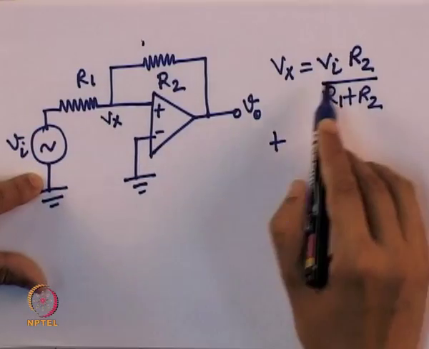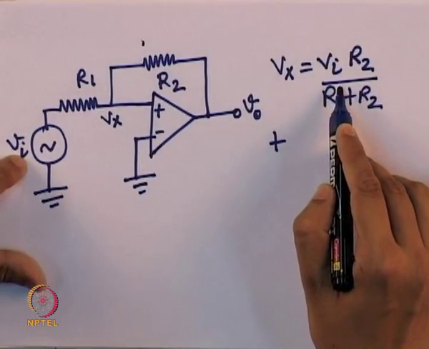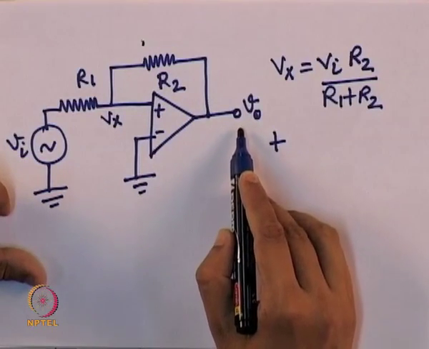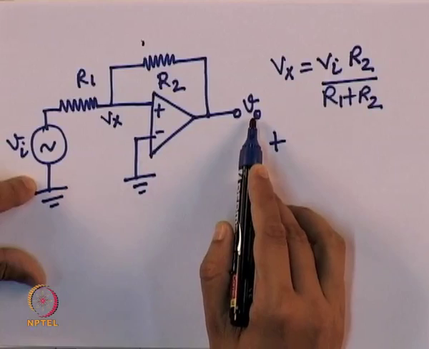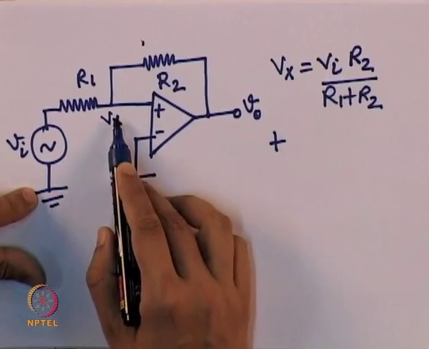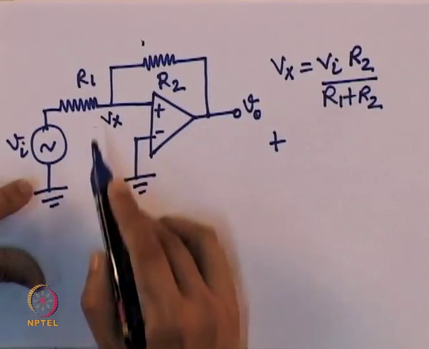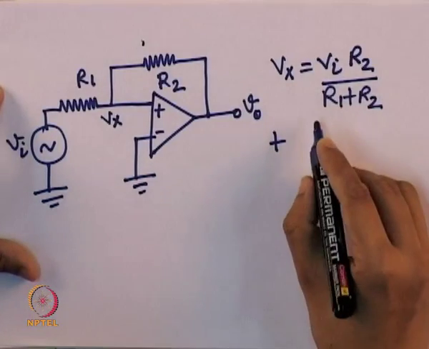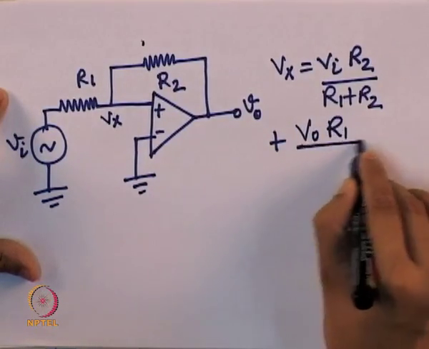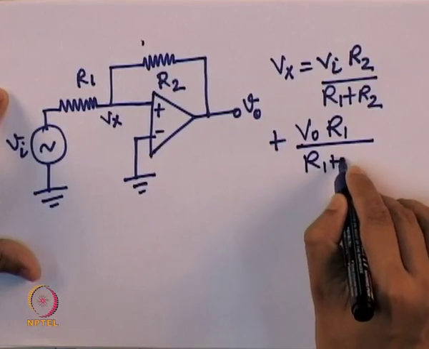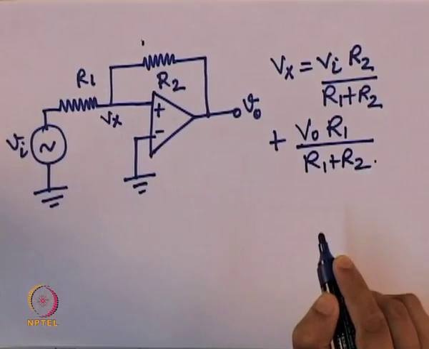In this case, the contribution of Vi is obtained by shorting Vo and then seeing what is the value of Vx. To find out the contribution of Vo to Vx, we short Vi and then find out the contribution of Vo. So, this will be Vo R1 upon R1 plus R2, which we know from the principle of superposition.